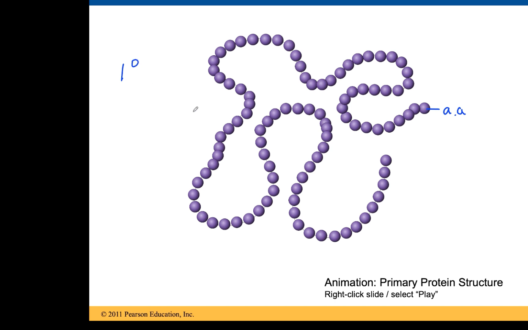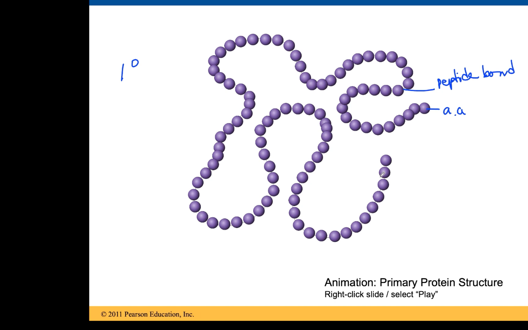Polypeptides are unbranched polymers built from 20 kinds of amino acids. These are all single amino acids linked together by way of peptide bonds. It looks like more than 50 amino acids, so we can call this a polypeptide.